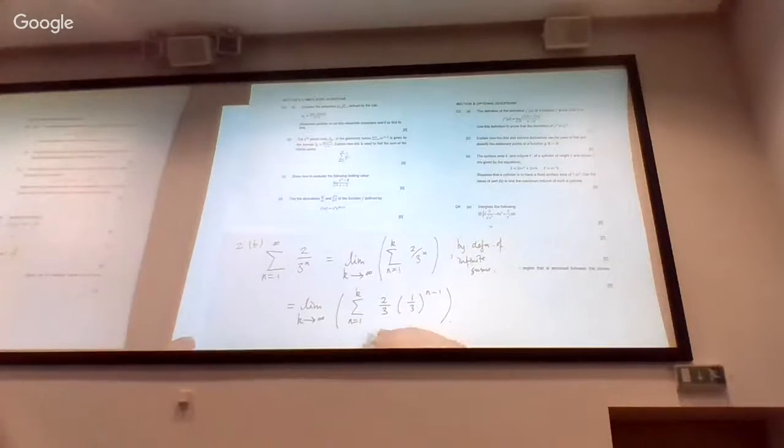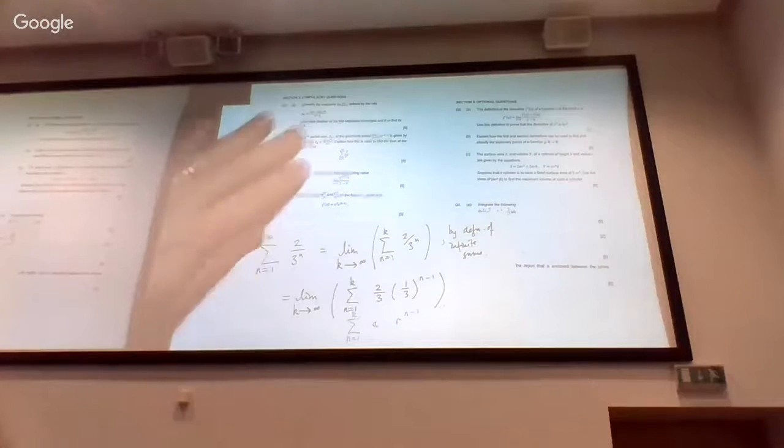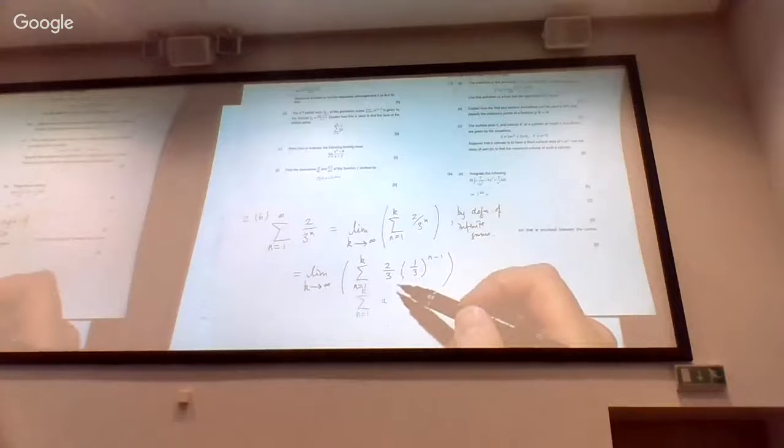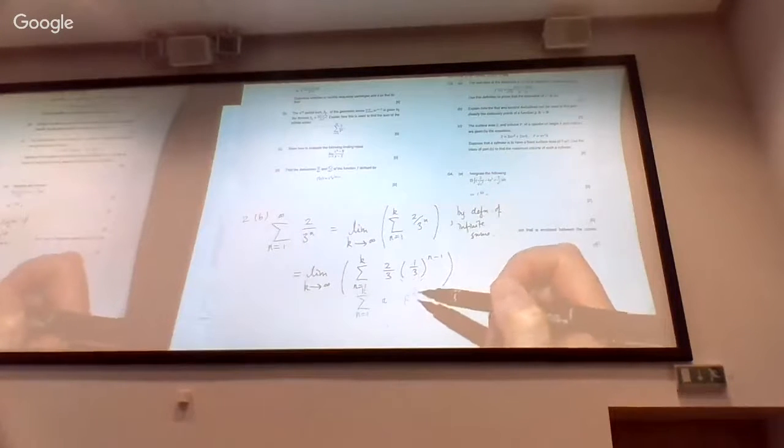You don't necessarily have to take this down, but I'm just showing now how the form of what we've written there exactly mirrors the way the partial sum is presented in the question. So I can clearly see now that the value of the parameter a is 2/3 and the value of the parameter r is 1/3.